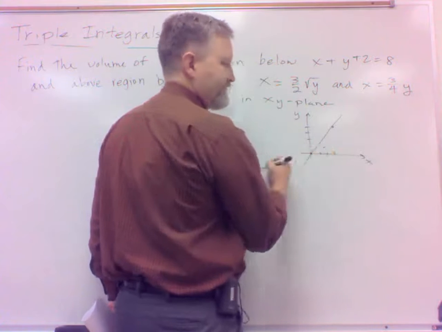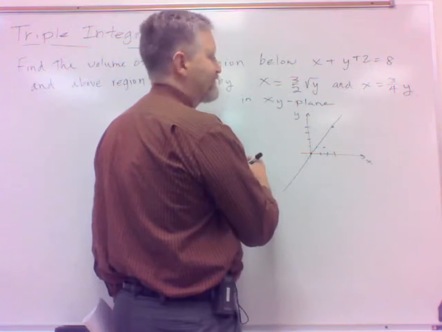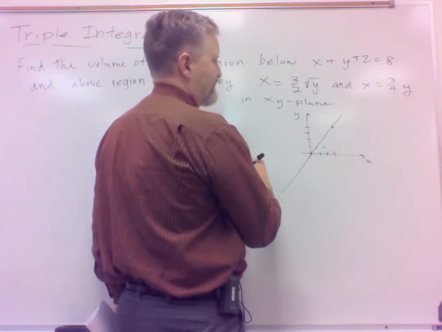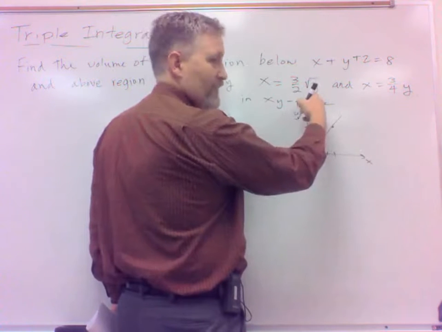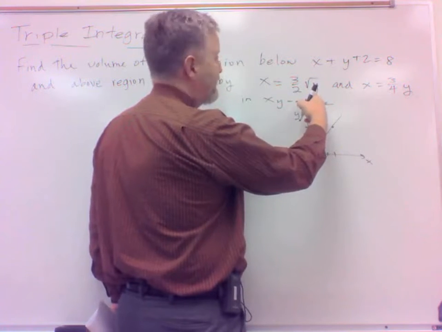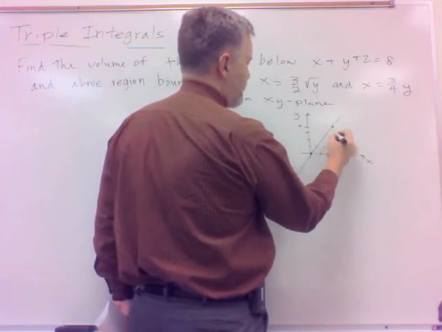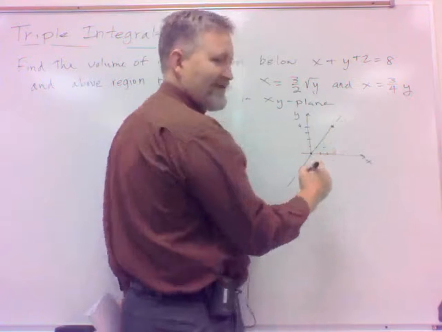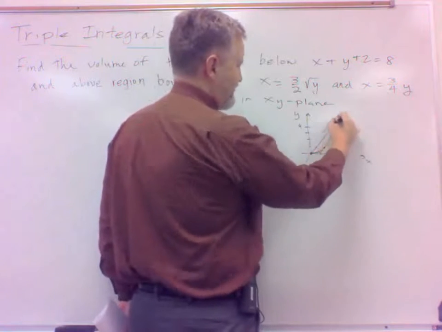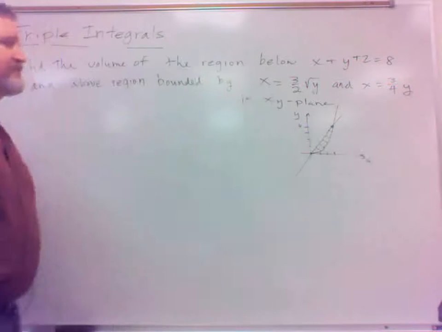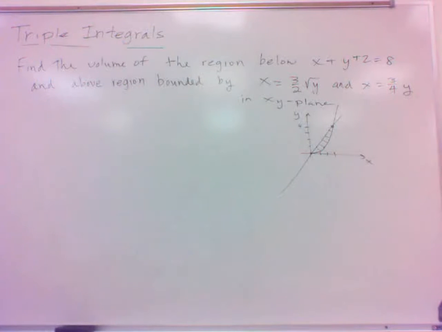If we do 4 for Y, then we got the square root of 4 times 3/2, so that's just 3. So Y is 4, X is 3. That works out pretty nicely, doesn't it? All right, so we're talking about this region right there. So that's our region in the XY plane.